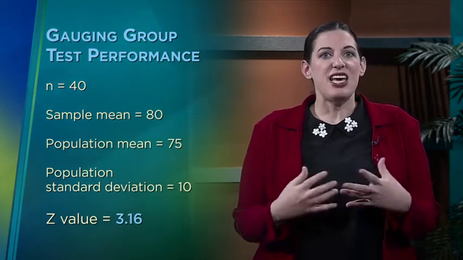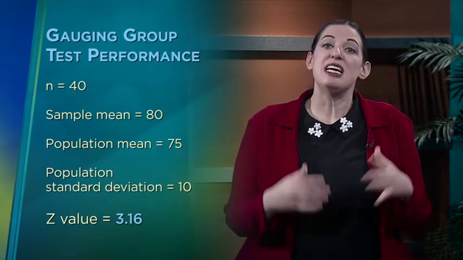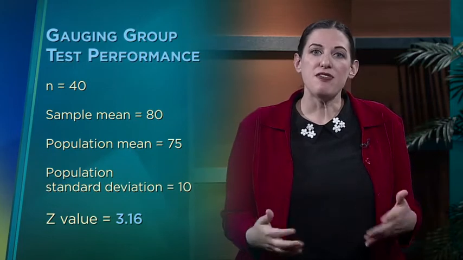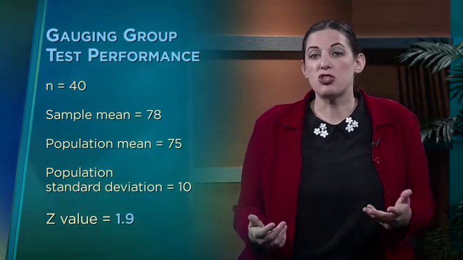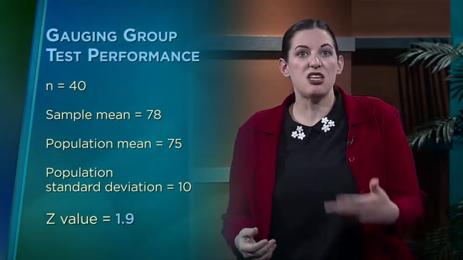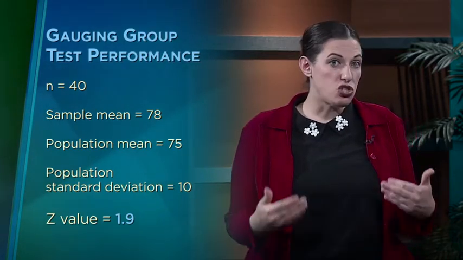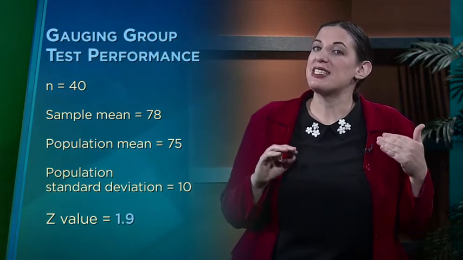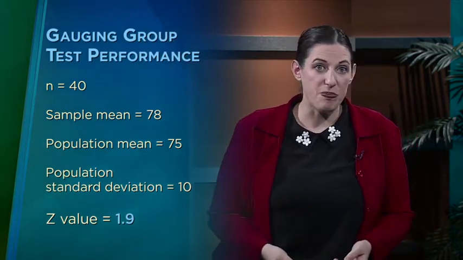In this case, it would mean that this particular set of students scored significantly, statistically significantly, higher than expected. If the difference in means had been just 3 points, with the sample scoring a 78, then the z-value would be 1.9, within the 95% of cases that might be expected. That's just a 2-point difference in scores, which might not seem like much, but it's a statistically significant difference, and that can be important to know.